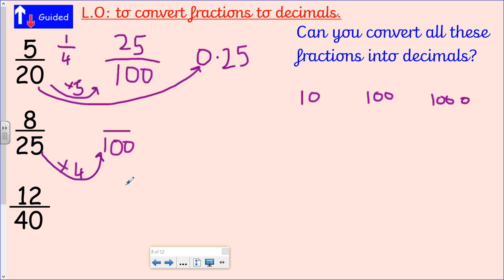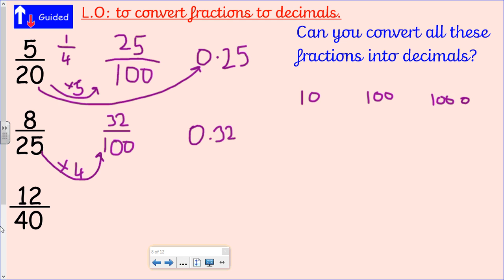Then if we double that again, so we've ended up timesing it by 4, 50 times 2 is 100. So 25 times 4 is 100. 8 times 4 is 32. So if I write that out, I've got 0.32. So 32 hundredths is 3 tenths and 2 hundredths. Okay, hopefully you've understood that from the last few lessons.